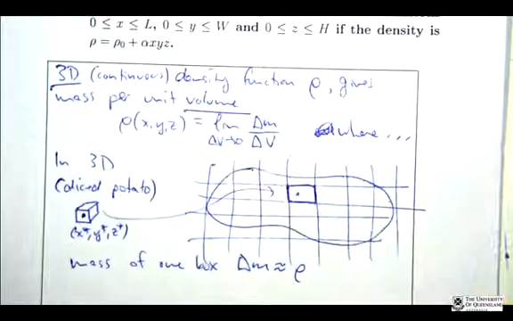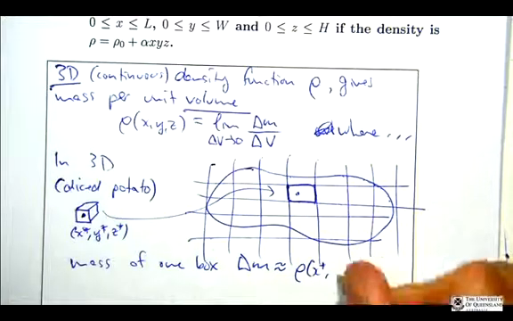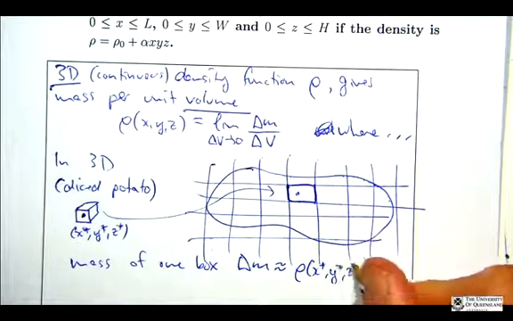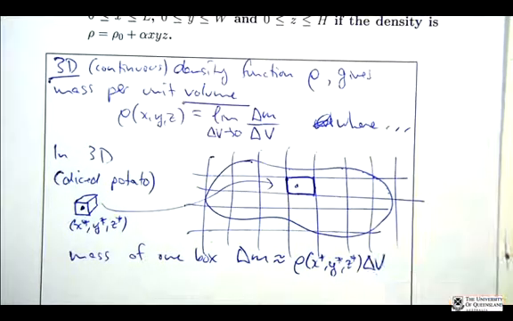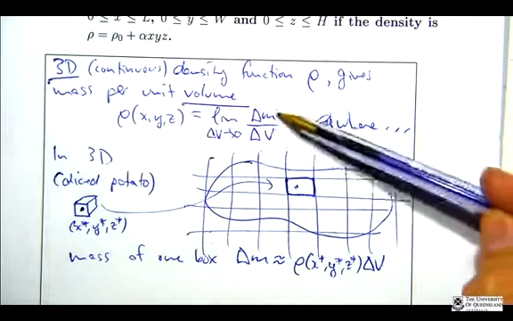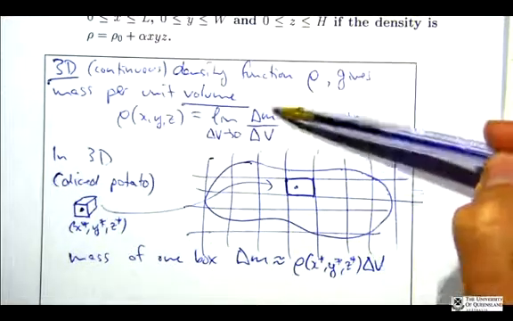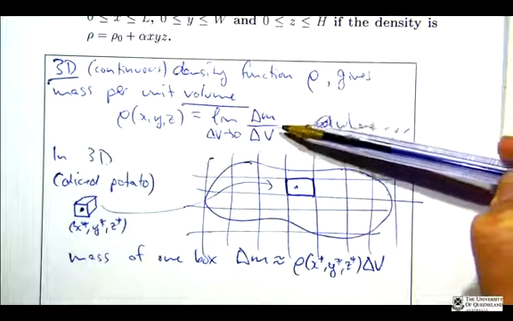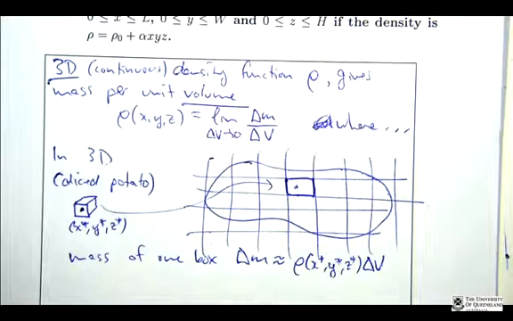No limit to consider in that case. So what we'll do is take the mass of one box to be approximately the density function evaluated at that representative point multiplied by the volume of the box, delta V. So that's what these quantities are. Once we've diced up our potato, the delta M is the mass of one of those boxes, and delta V is the volume.